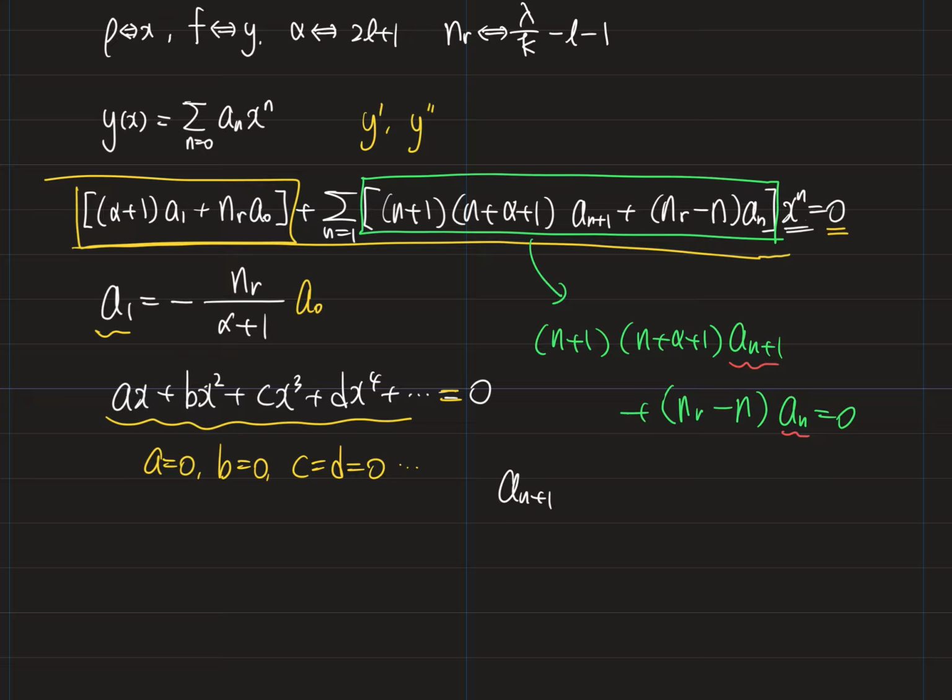So a n plus 1, which means the term next to a n, it should be defined this way: n plus 1, n plus alpha plus 1 minus nr minus n a n. So yeah, it looks very complicated. Yeah, please understand.